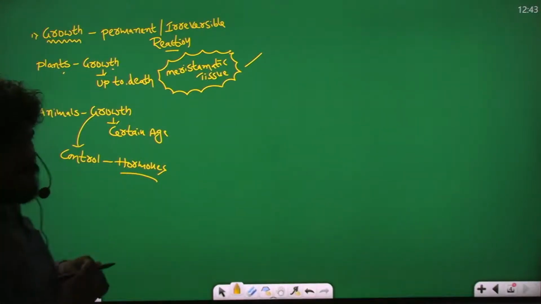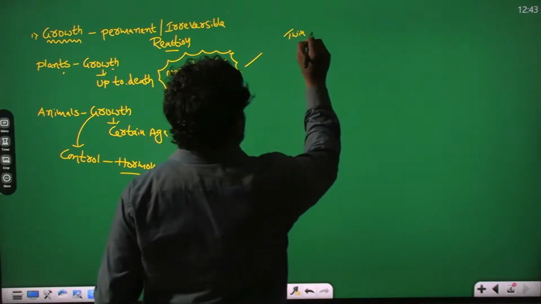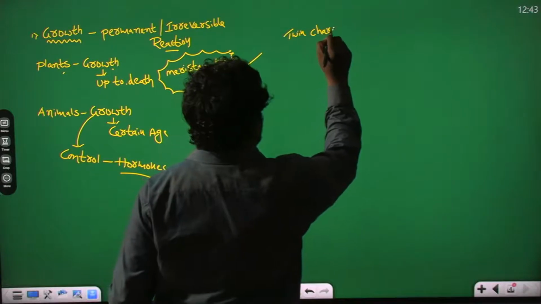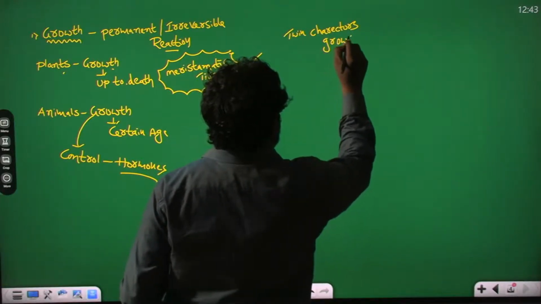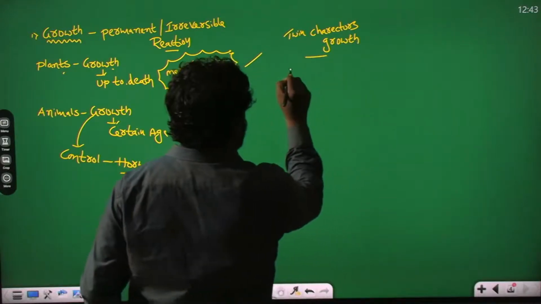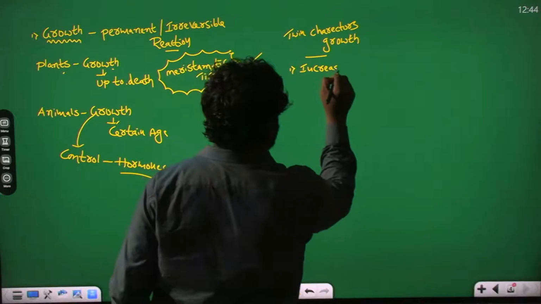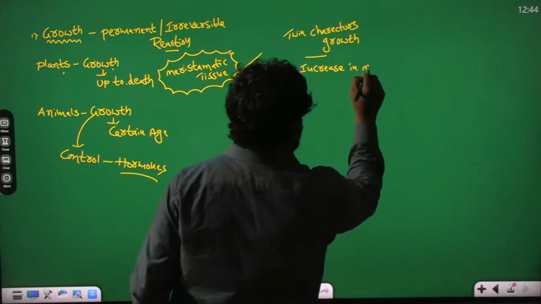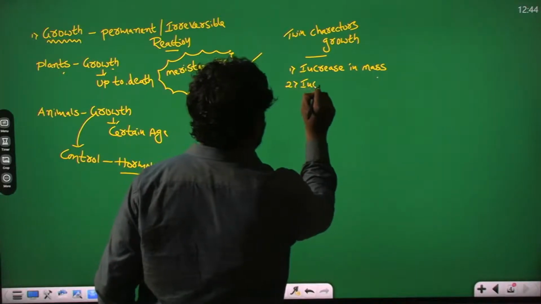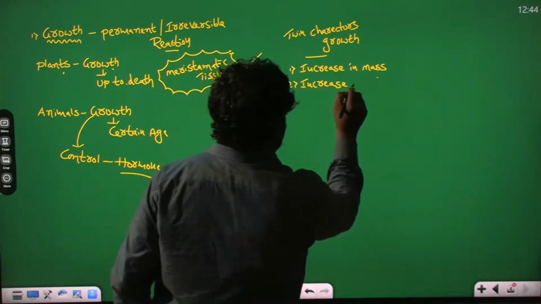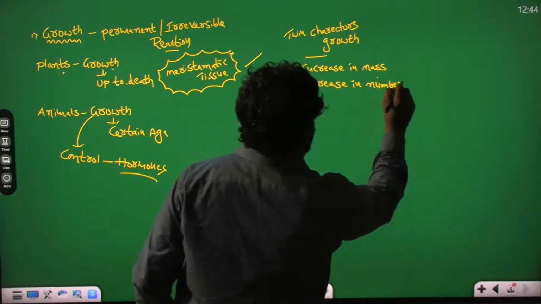And the compulsory question, the twin characters of growth, very important. First one, increase in mass, and increase in number.